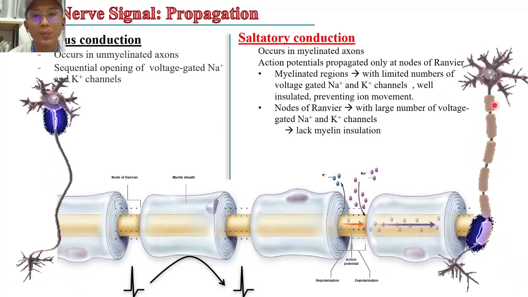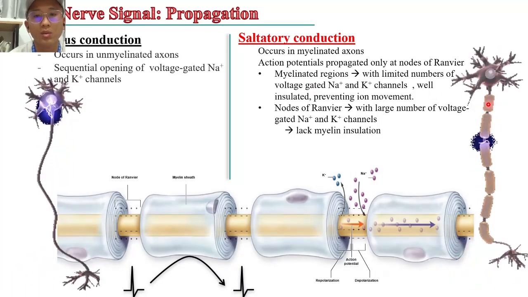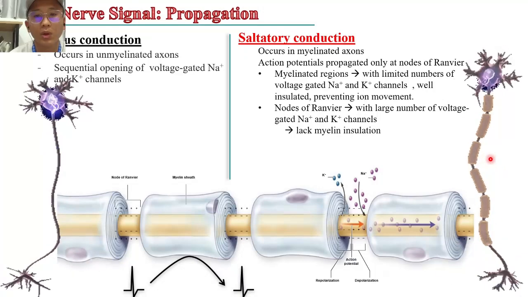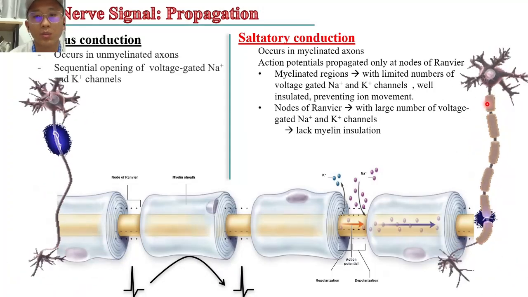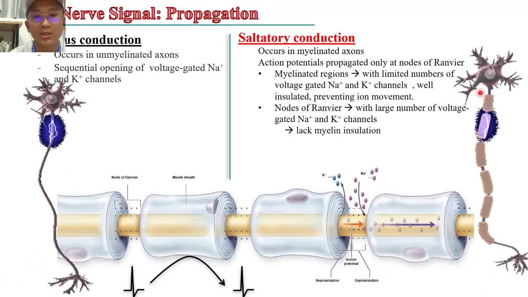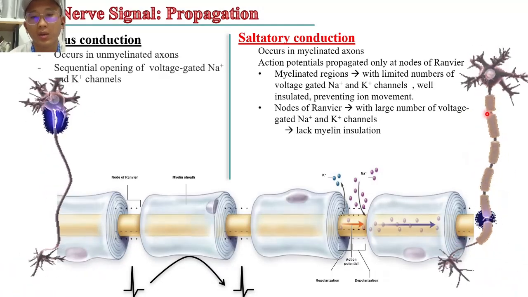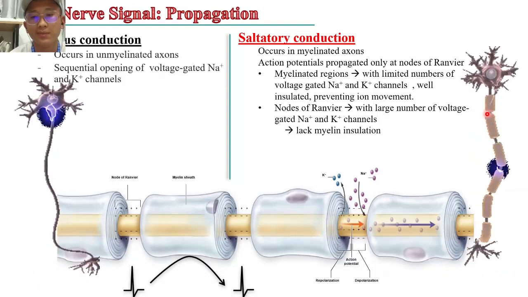The myelinated region has limited numbers of voltage-gated sodium and potassium channels and is well insulated, preventing ion movement. Nodes of Ranvier have a large number of voltage-gated potassium and sodium channels and lack myelin insulation.